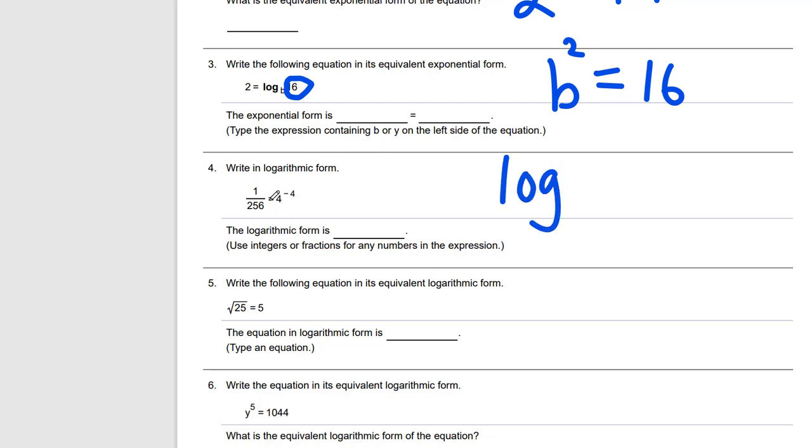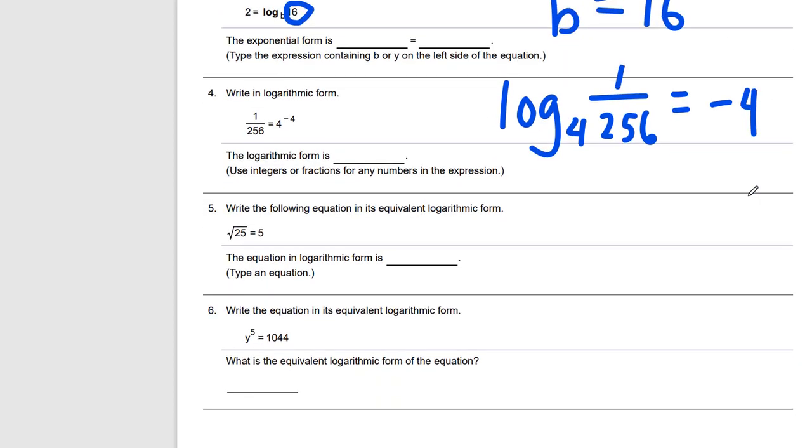The base is the number being raised to the power, so in this case, it's a little 4. The answer is the thing that's by itself, and this has to equal the exponent. Remember, the log of whatever you're taking the log of has to be equal to the exponent.